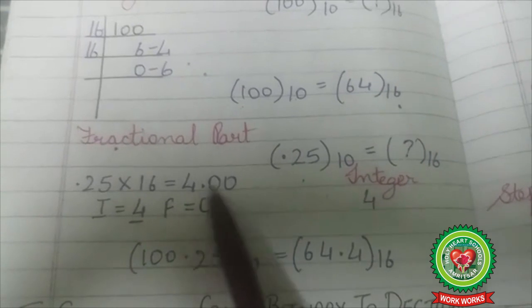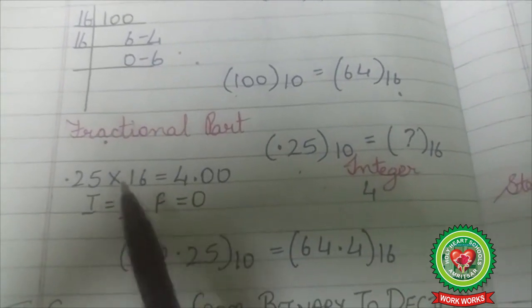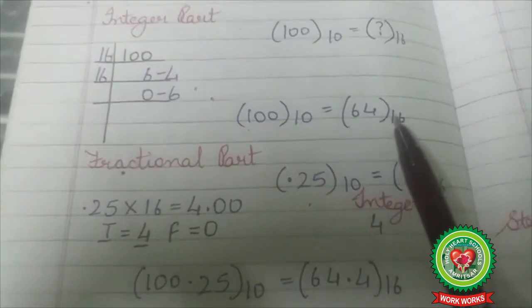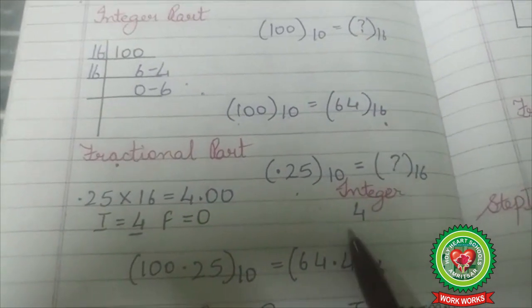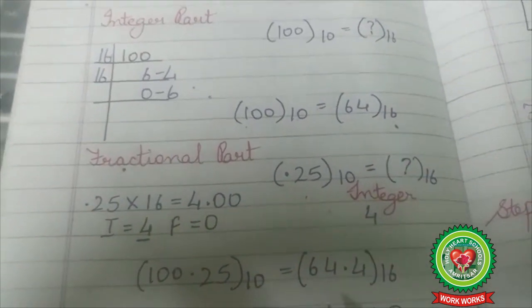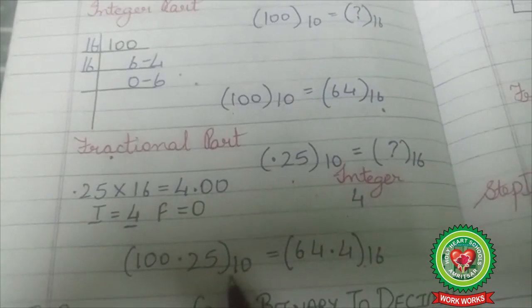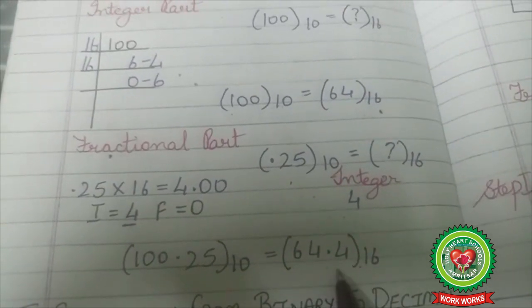As we have got the fractional value 0, we will not continue the multiplication. Hence, we will combine both the steps of the integer part as well as the fraction part. The answer is 64.4. Hence, we have converted a decimal number into a hexadecimal number.